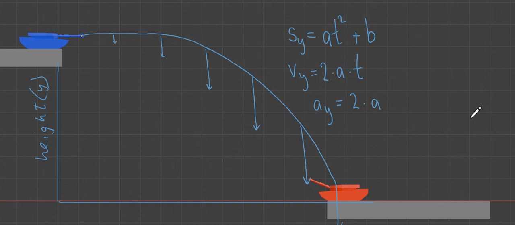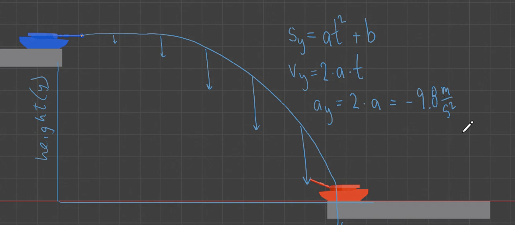So I'm assuming that these tanks are on Earth. So what we can derive is that the acceleration on Earth due to gravity is equal to negative 9.8 meters per second squared.